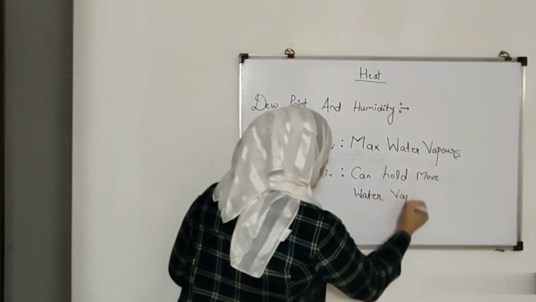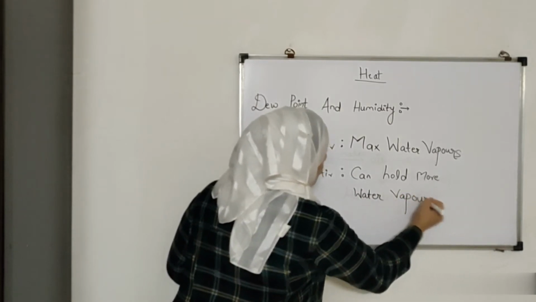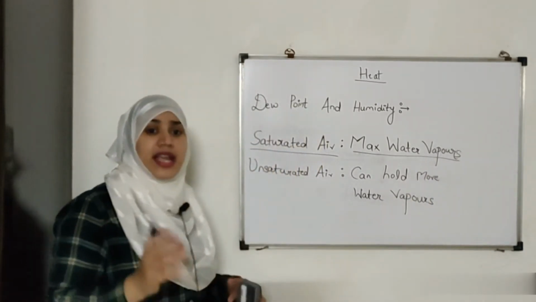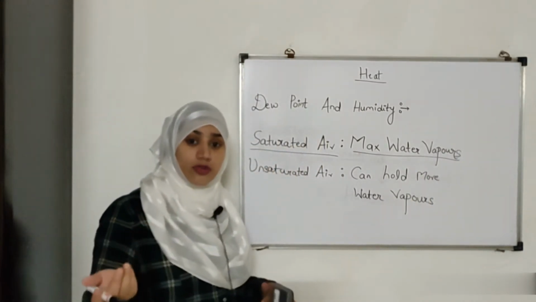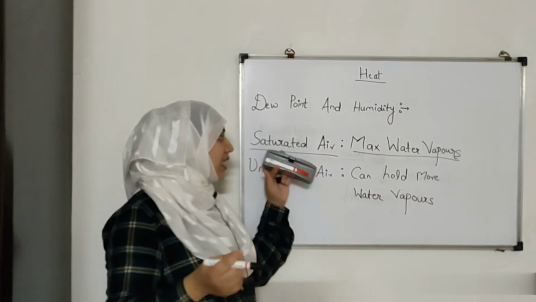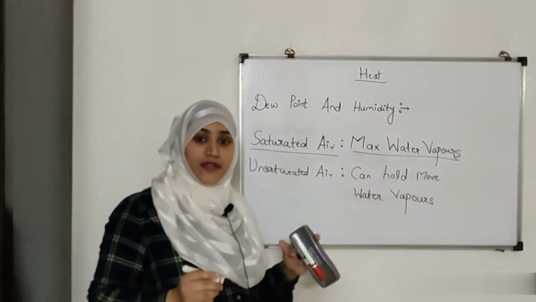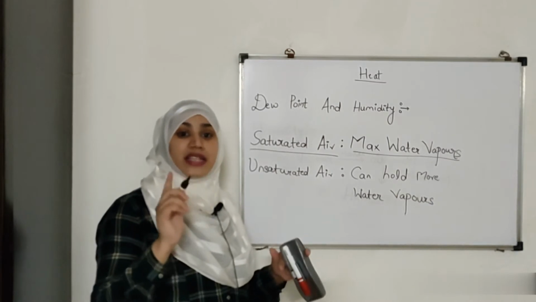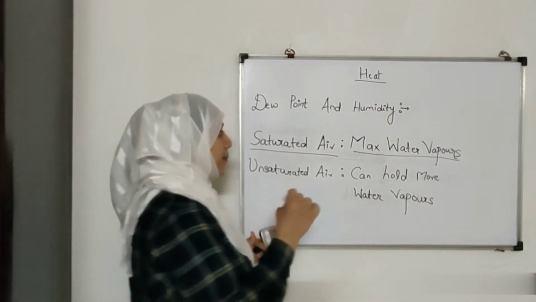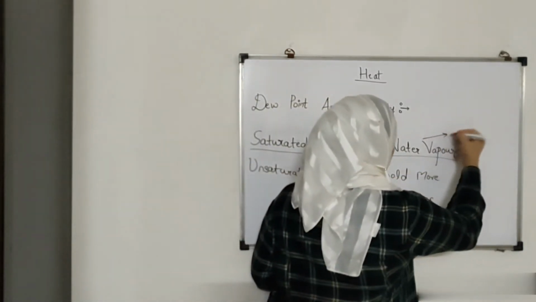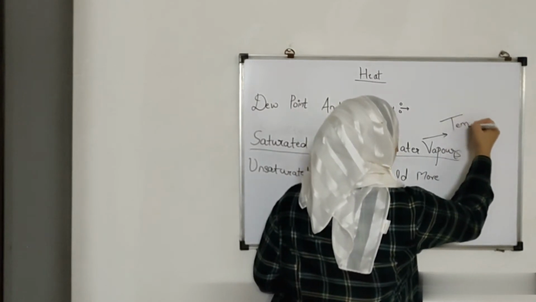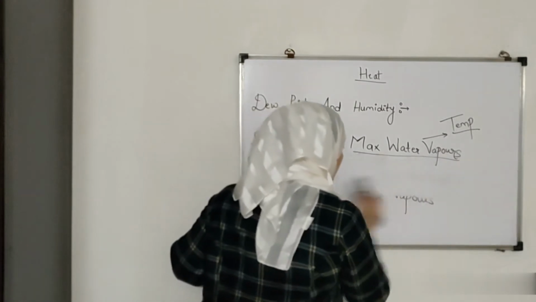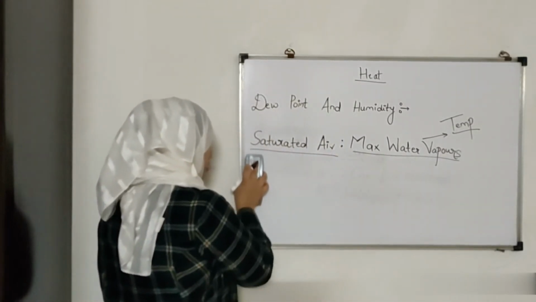Okay. So now, how many water vapors I need to make an air saturated depends upon what? See, to make the air saturated with water vapors, the amount of water vapors depends upon the temperature. Temperature plays the key role. Now, how does it depend? See, I have higher temperature.